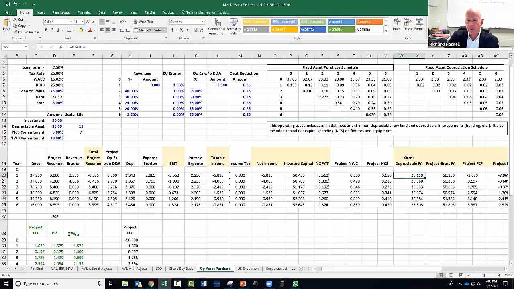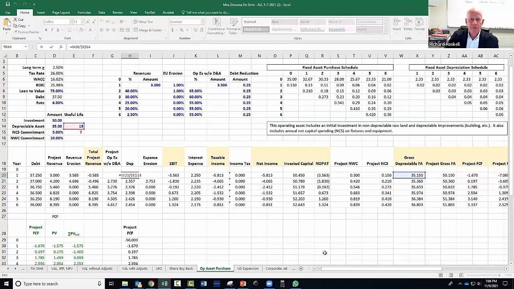Maybe I should bring some of this into the equation now. Where did I get the 35.15? It was the original asset that was depreciable, plus the additional assets that I picked up that are also depreciable. But they're depreciable on two different schedules, and I'm kind of using the same schedule to depreciate them. So that may not be the right way of doing that. I don't know if you had picked that up, but we may have to work on that.